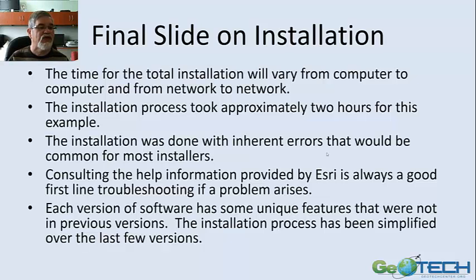So there were some inherent errors that would occur for most installers, where it asks about fixing what's not running, like the .NET 3.5 framework not being there, and so we tried to do that. Esri has lots of good information on installing servers, so that's where I would always go first for troubleshooting.